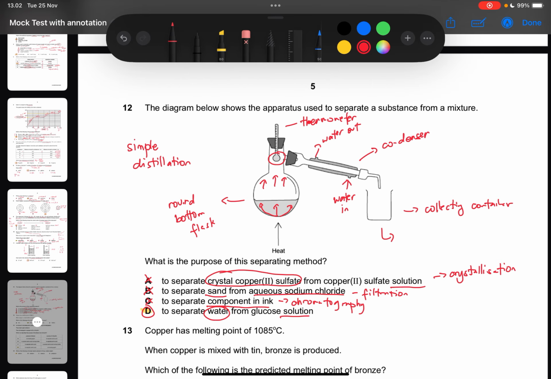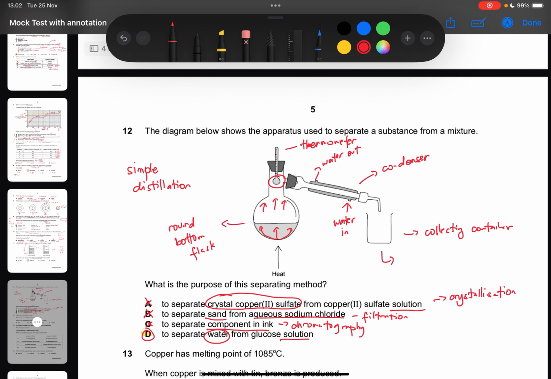Now, this is called simple distillation, and to turn it into a fractional distillation, we just need to add a fractionating column.